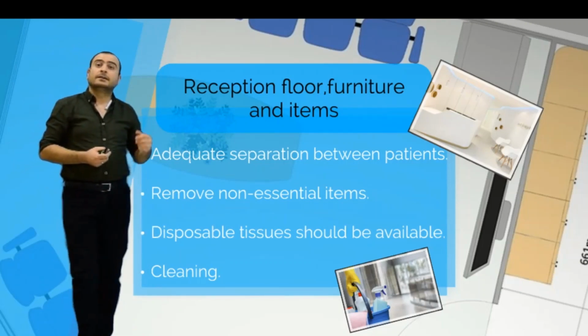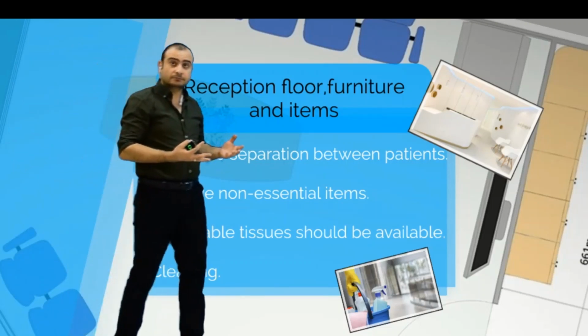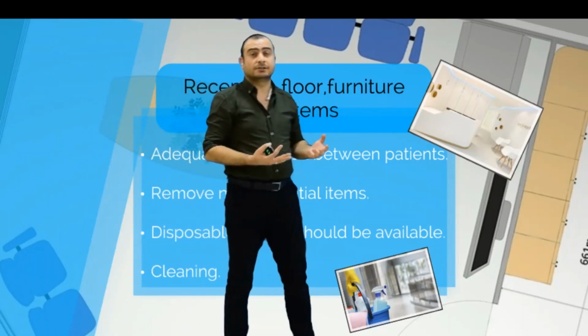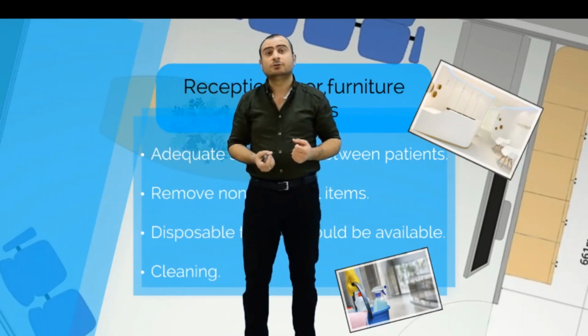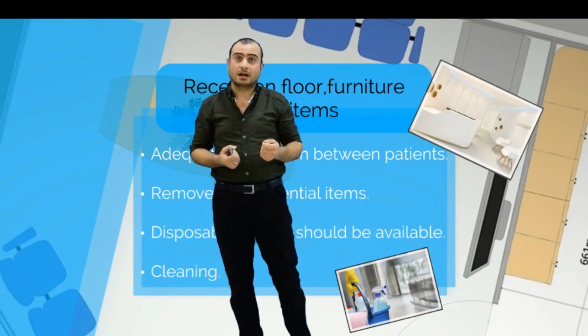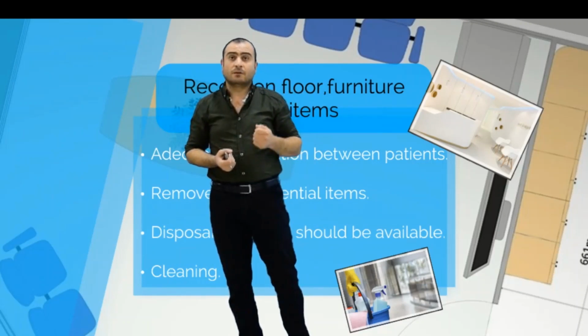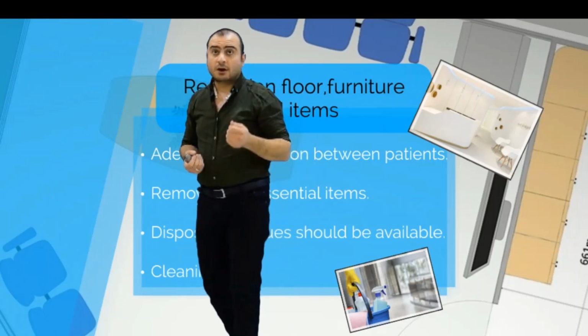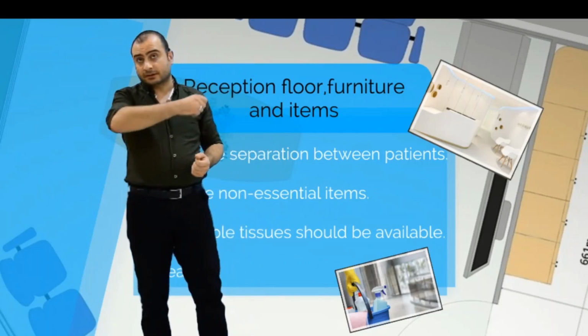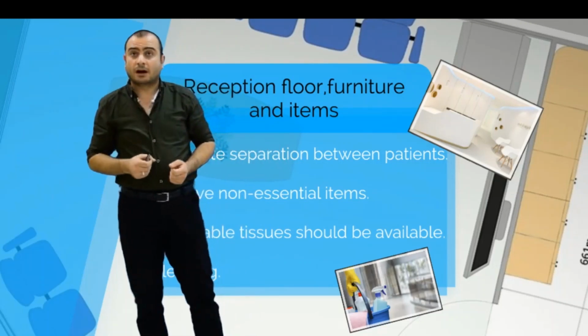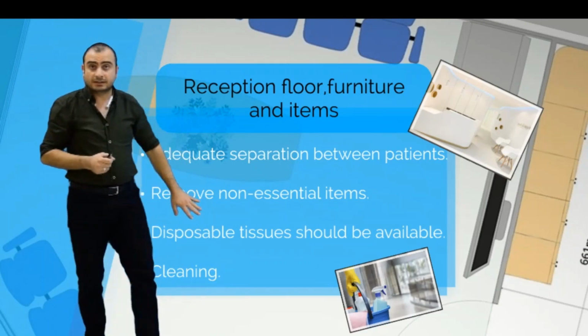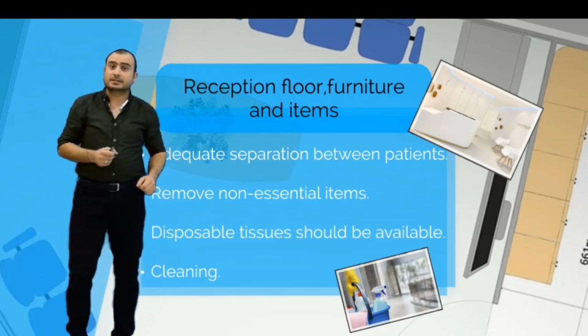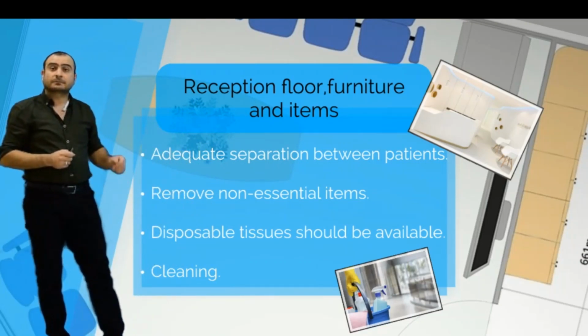Disposable tissues should be available and given to the patients. Staff also need to observe the respiratory hygiene practiced by the patient. For example, if the patient coughs or sneezes, they should cover their mouth with their arm or use the disposable tissue provided by the clinic.